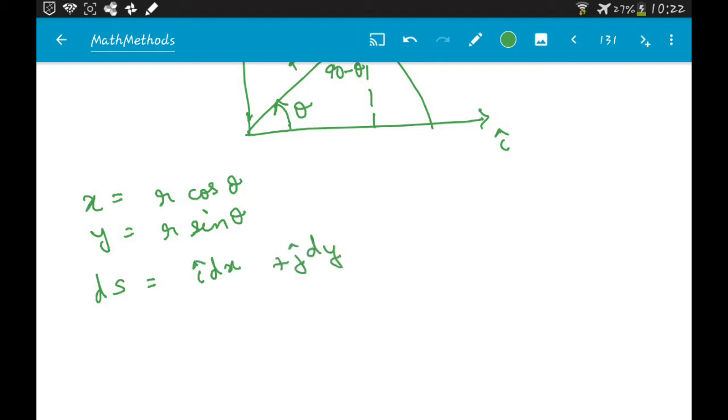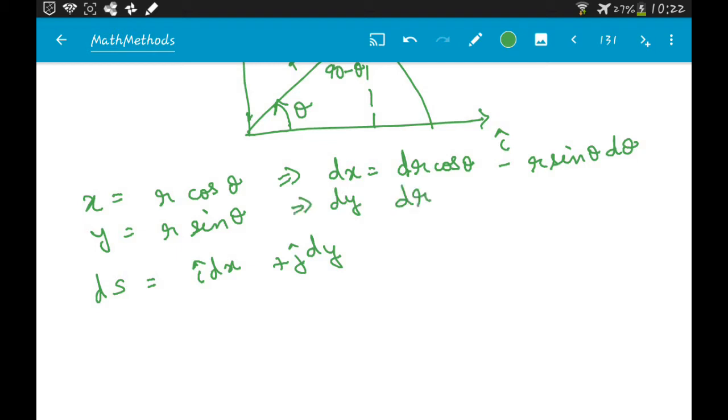So we can write what dx is: dx is nothing but dr cos theta minus r sin theta d theta, and dy is nothing but dr sin theta plus r cos theta d theta.